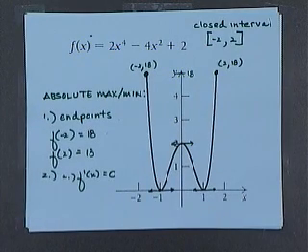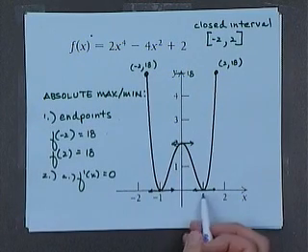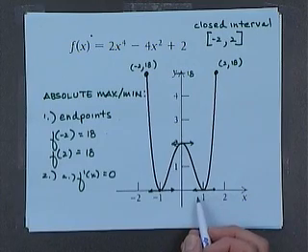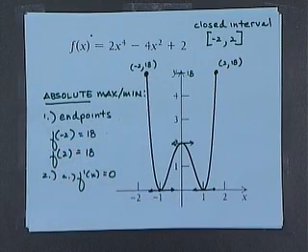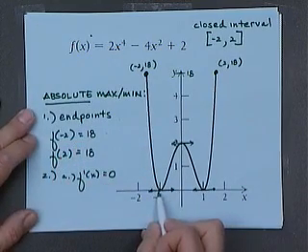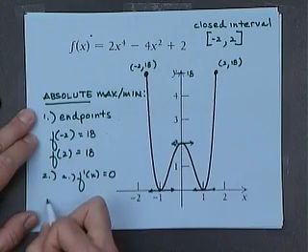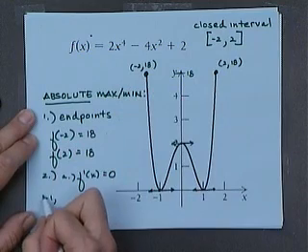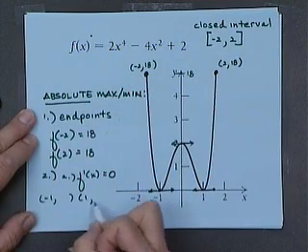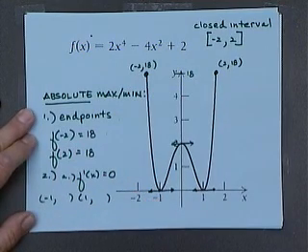So are any of those places on this picture where the derivative is 0, are any of those absolute max or min values? Yeah. Negative 1. If you put negative 1 into the function, or if you put 1 into the function, we should get the same thing, which is what? 0?